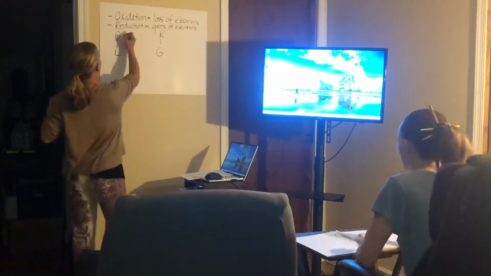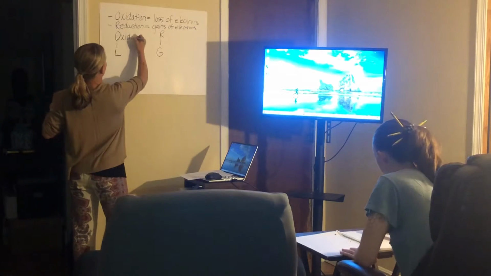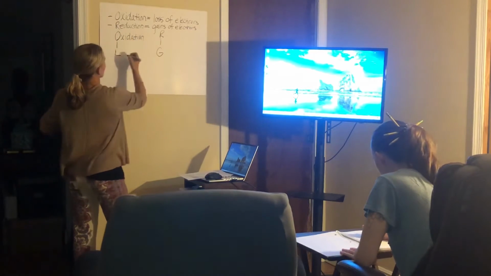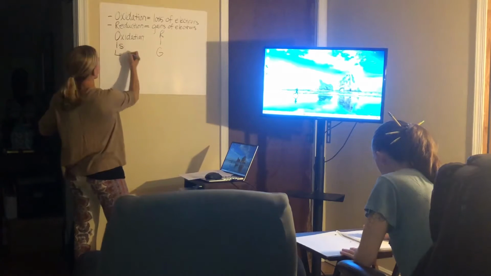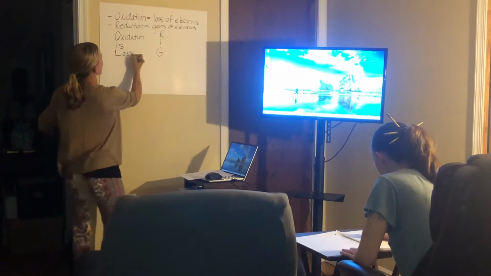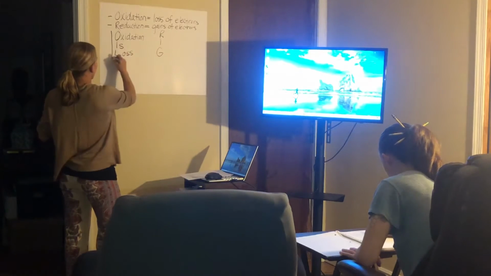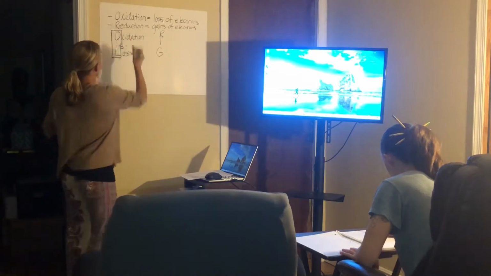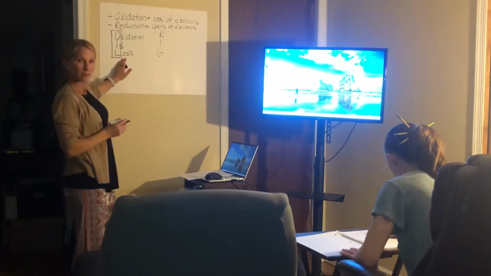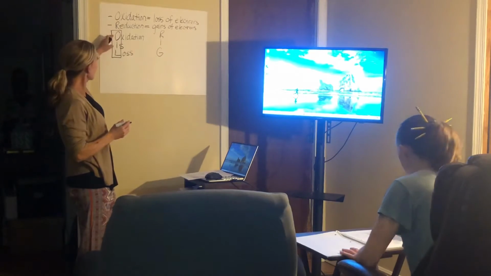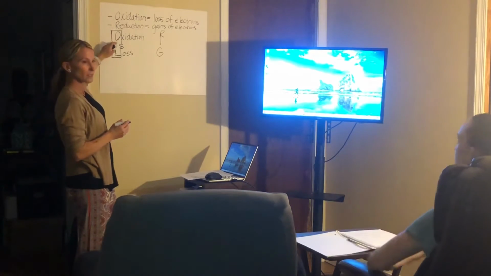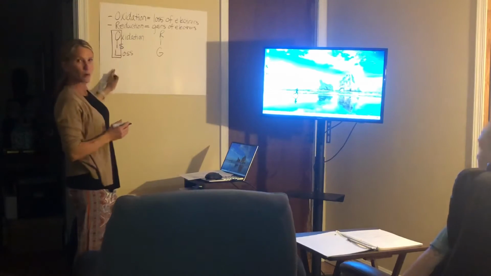Oxidation. Oxidation is loss. Okay, so that's one way that we can remember what it means. Oxidation is loss, and we have the acronym OIL.